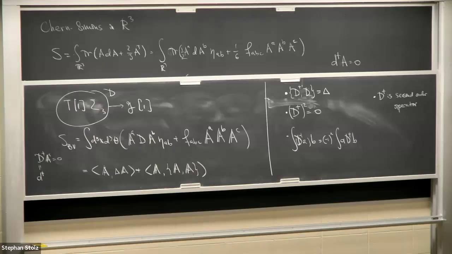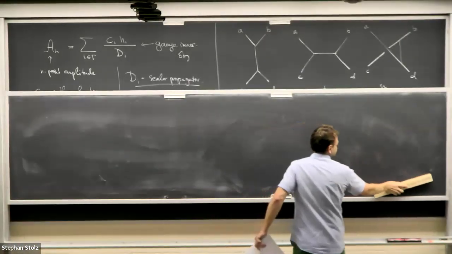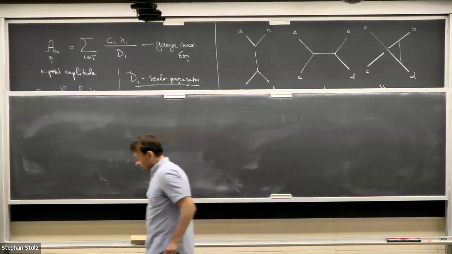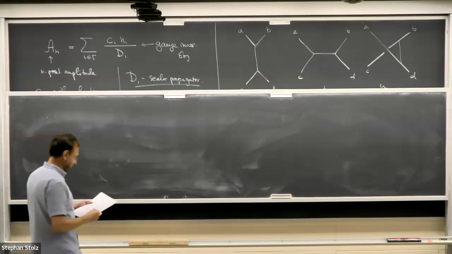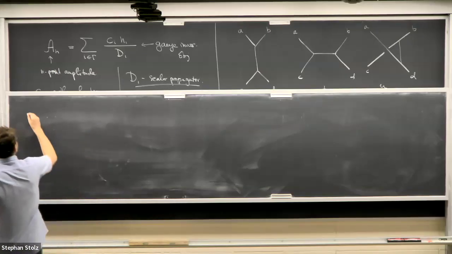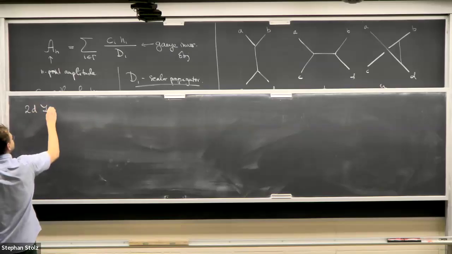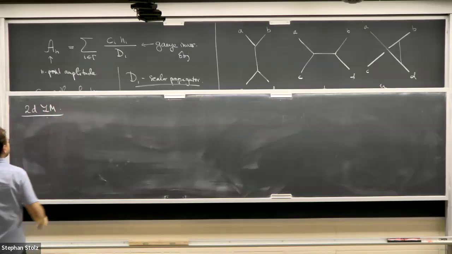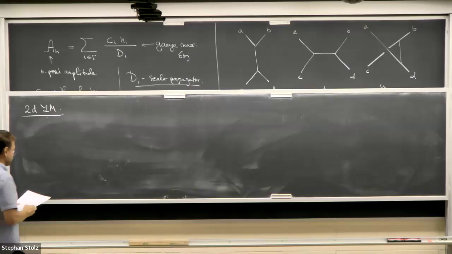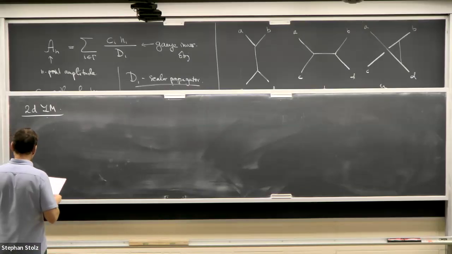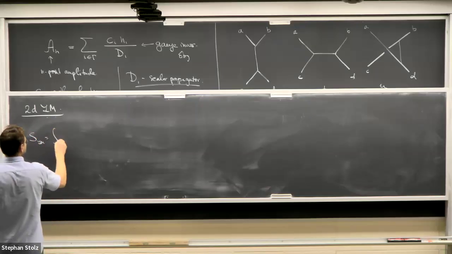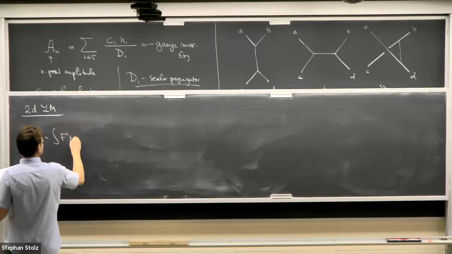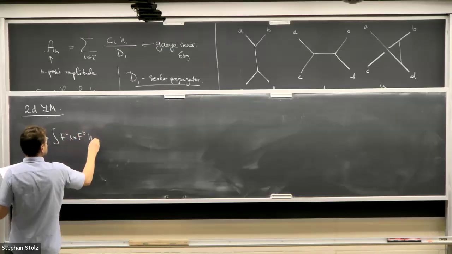So let me give you one less trivial example. I'm not ready to talk about 4D Yang-Mills, but we can do a kindergarten version of Yang-Mills. Let's do 2D Yang-Mills. This is just a theory which of course you can write as F_A, H star, and B, eta AB.